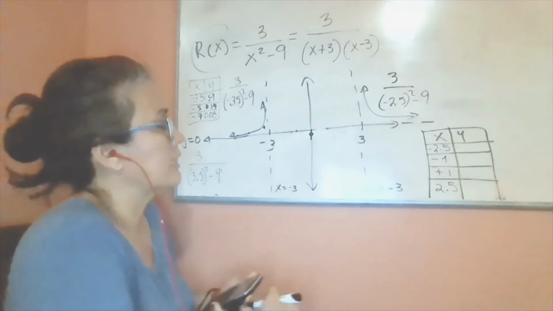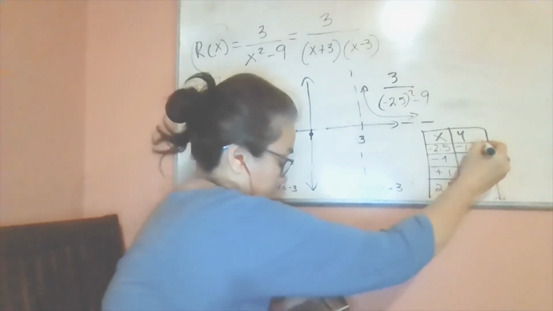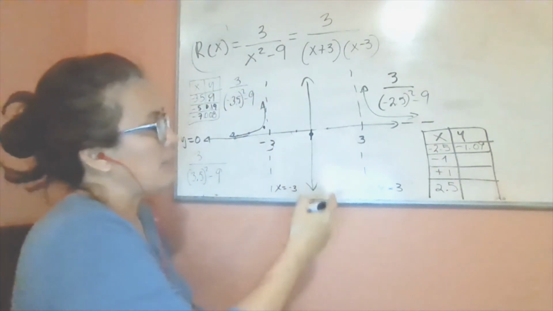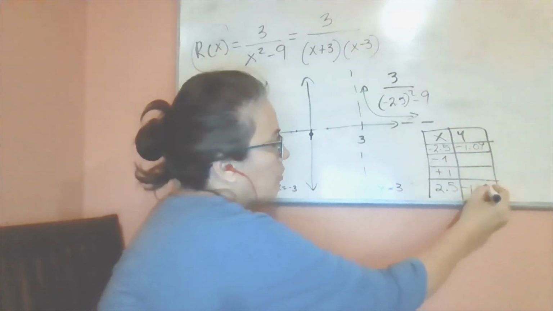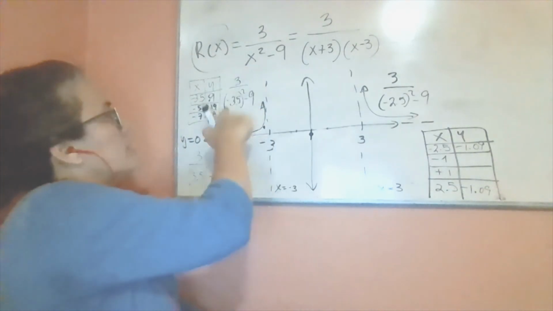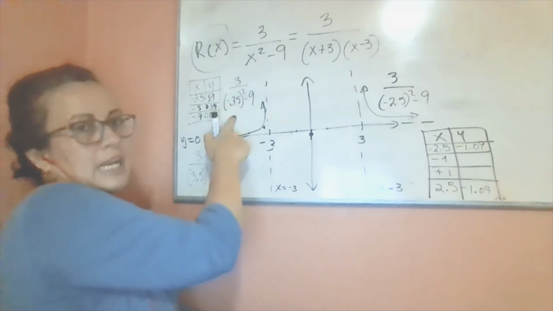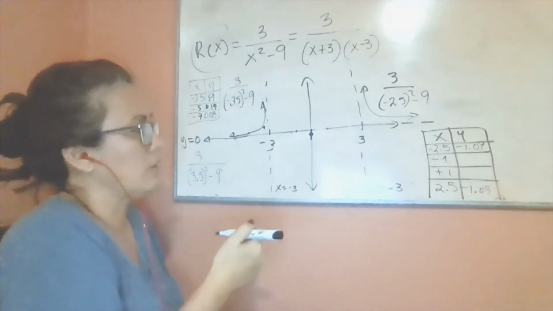What I get is negative 1.09, okay? And this is going to be the same value for 2.5 positive. How do I know? Remember, because this is to the second power, and this is the only x that we have, negative and negative becomes positive as well. So we're going to have the same values.